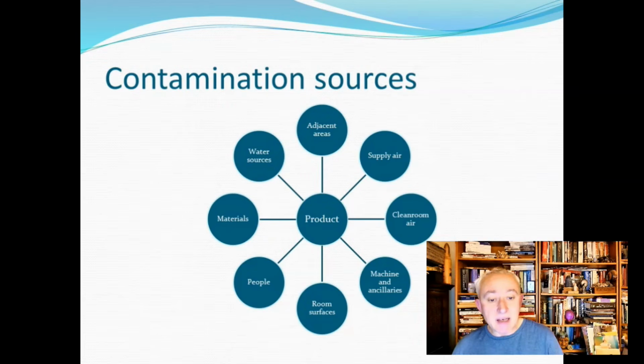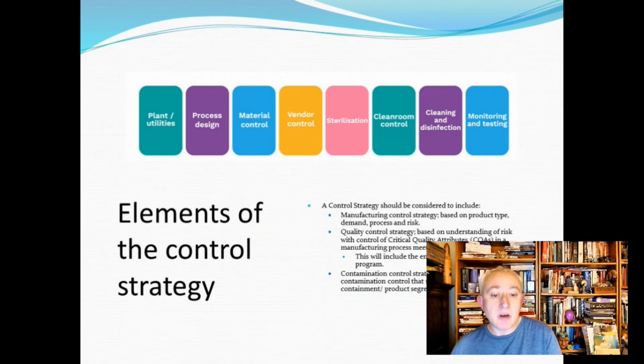Now, understanding these sources of contamination is essential for putting together the contamination control strategy. And as you surely would have heard throughout the conference, the contamination control strategy is a fundamental of the Annex 1 revision. And by control strategy, one thing we're seeking to do is to show that every element is connected, everything is interlinked.